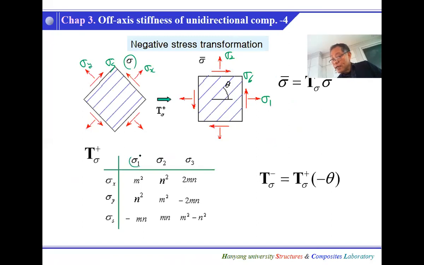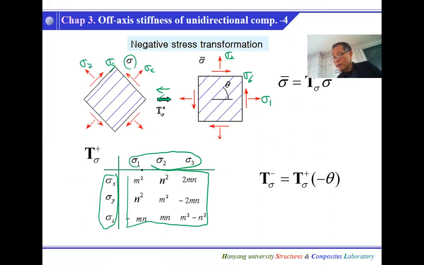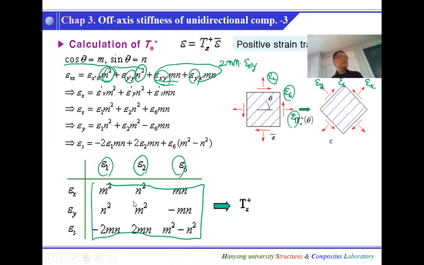So if these are given, it can go this way or that way, simply the inverse of the matrix, and this is the on-axis stresses. Now, pay attention to this matrix and this matrix. Well, they look a little different, aren't they? They are a little different.